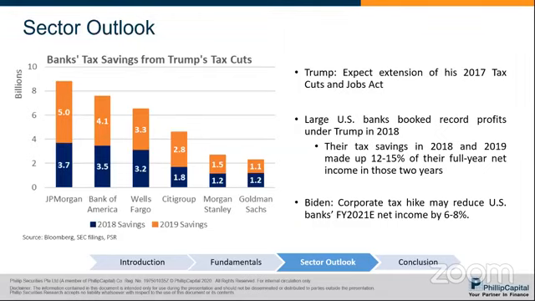The tax savings from the tax cut amount to around 12 to 15% of their net income. So with a Biden win, he actually wanted to revert a portion of this tax cut. So it may ultimately reduce US banks' net income by a further 6 to 8% moving forward.